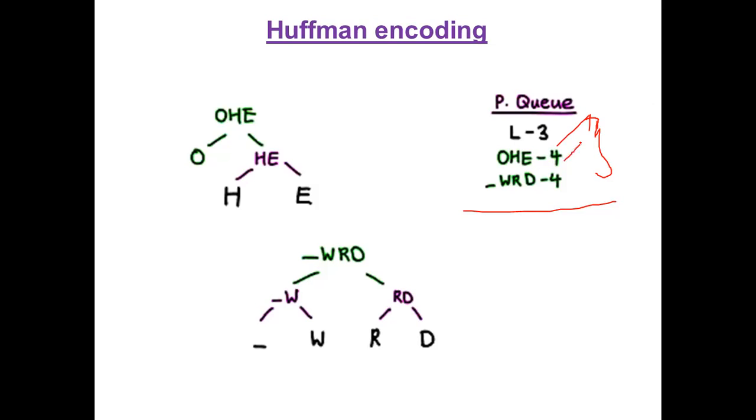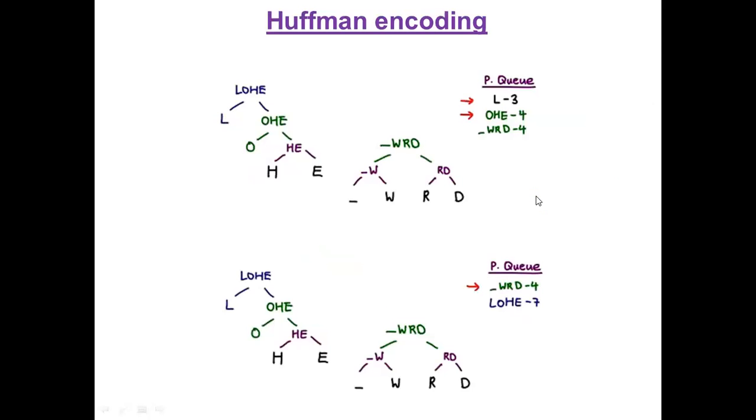So the first highest frequencies are both O H M and space W R D, so now I'll be combining it as L O H E because these are the first two transactions. So I should go with the first two transactions itself.